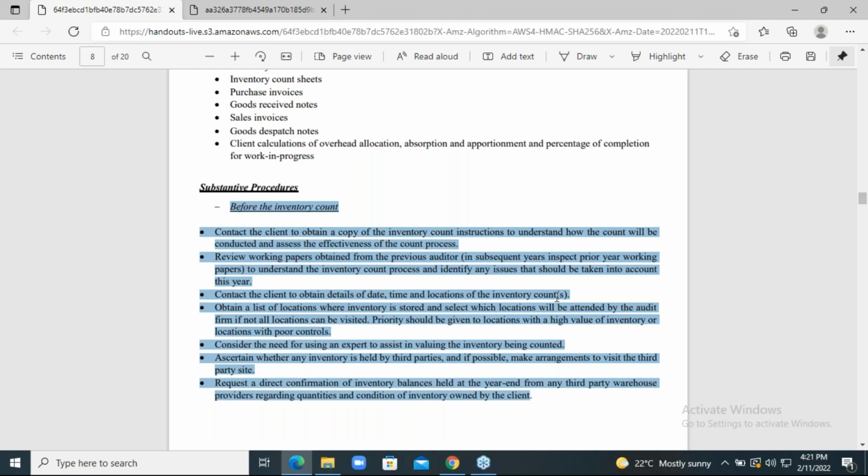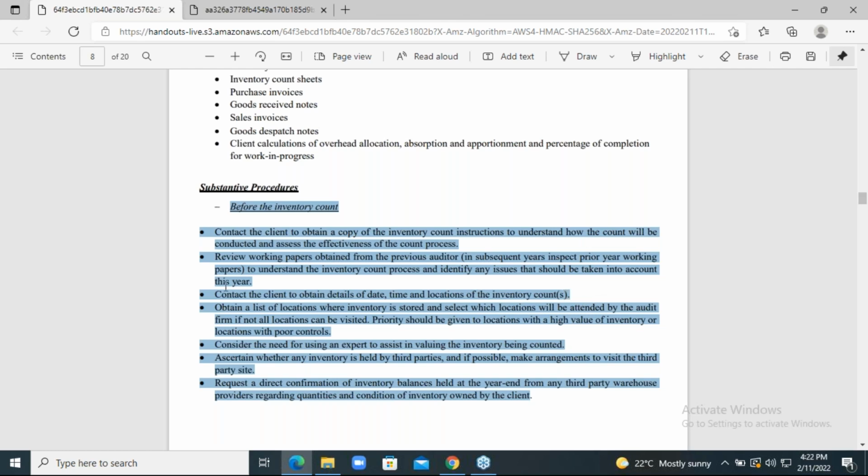As you are aware that there are 12 warehouses, you are going to amend and write 12 warehouses in this procedure: contact the client to obtain the details of date, time and locations for inventory count of the 12 warehouses. This will be a complete procedure.